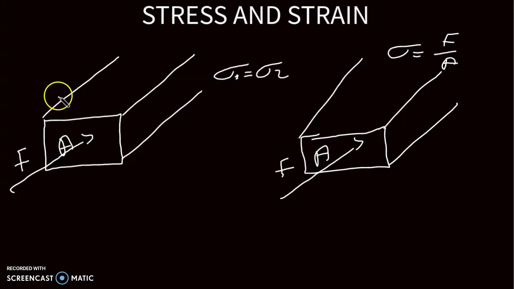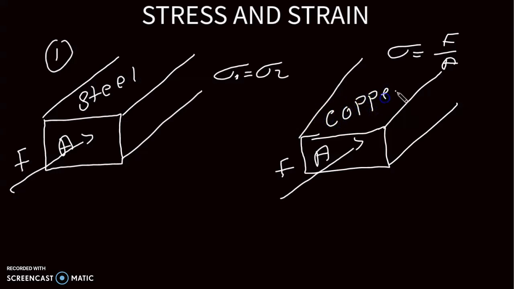And then the only difference between these two is that this beam, which is beam number 1, is made from steel, and beam number 2 is made from copper. Young's modulus is given by stress divided by strain.